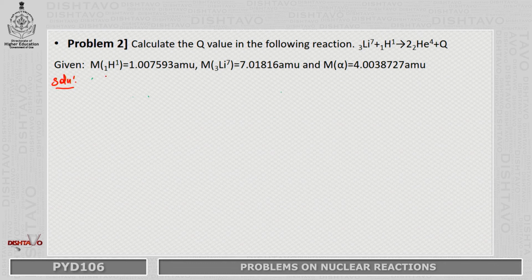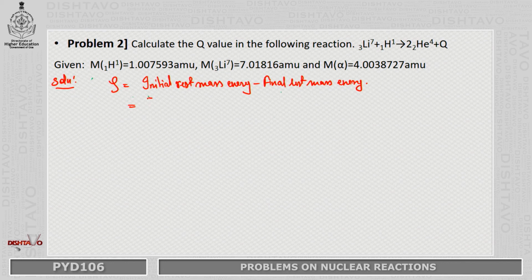Now the Q value from masses can be calculated as the initial rest mass energy minus the final rest mass energy. Initially we had this and this nuclei, and then the reaction made a product, that is this one.